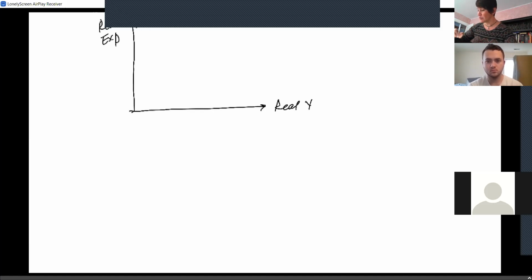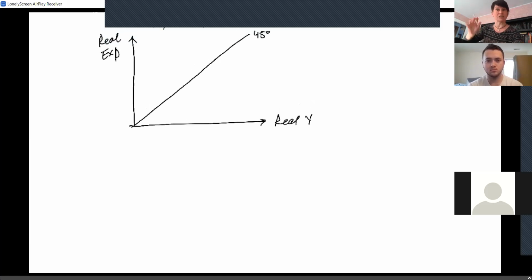So here is our income expenditure diagram, okay? You can always tell that it's an income expenditure diagram when you see the 45-degree line. This is our total expenditure line.